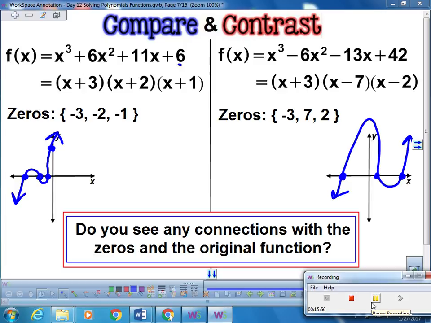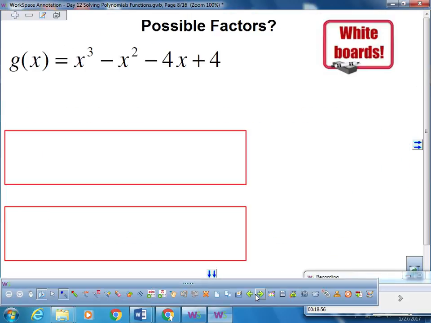Well, let's try and figure it out. Let's look at this one. I don't have any zeros. I have nowhere to start. So what would you try? What zeros would you try based on the fact that you could try plus or minus 2, right?